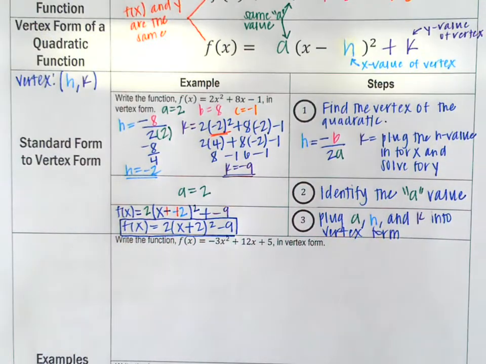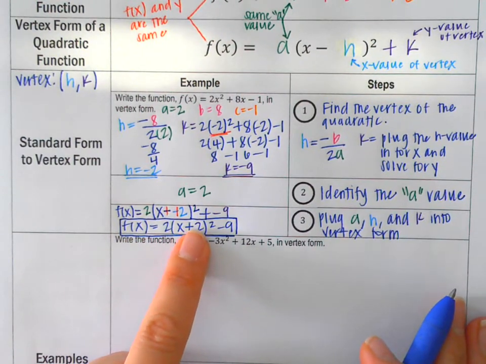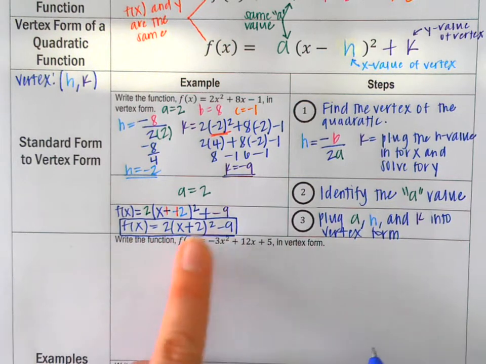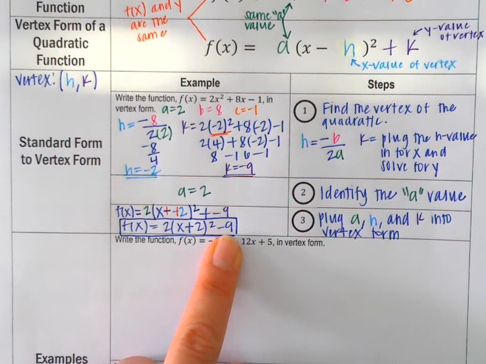Now, here's what I'll say. If I'm looking at the vertex form and I say, what's the vertex? It's your H and your K. Your H is always the opposite. So your vertex here is going to be negative 2, negative 9, just like we found.